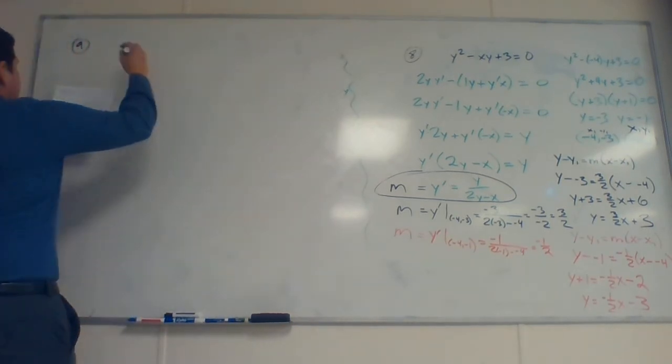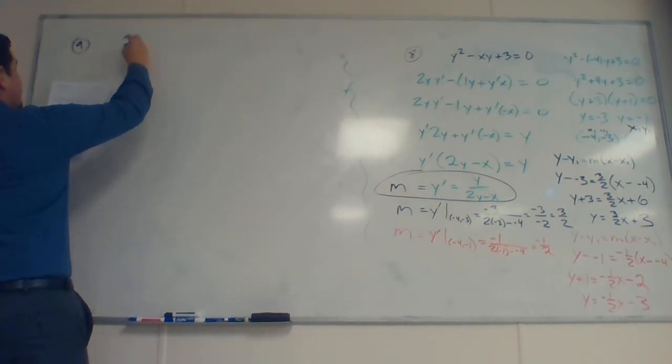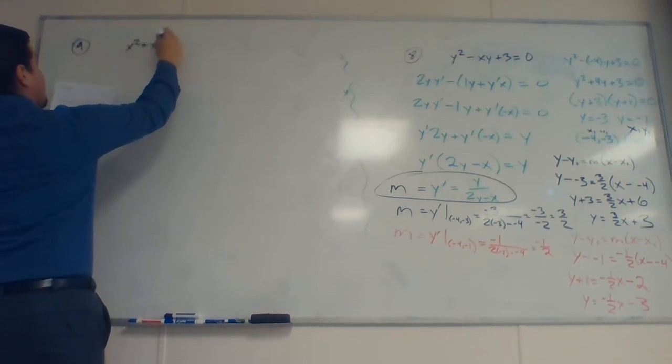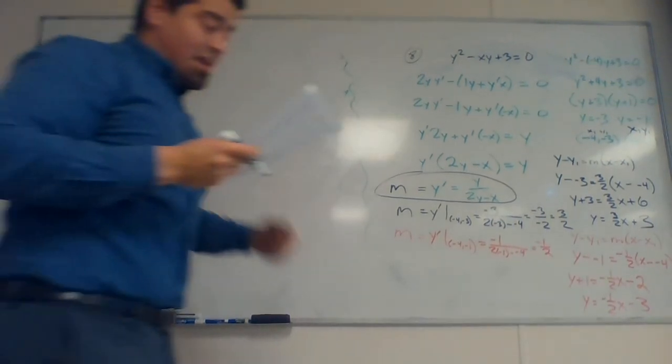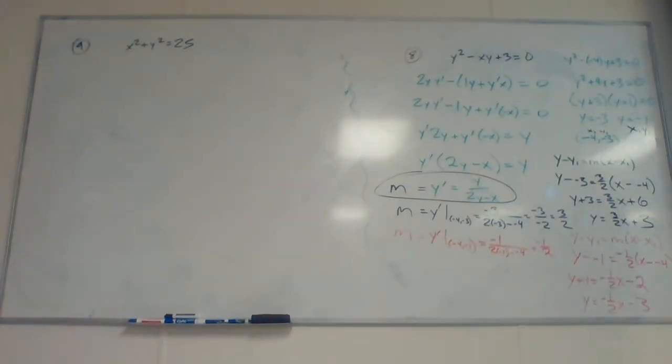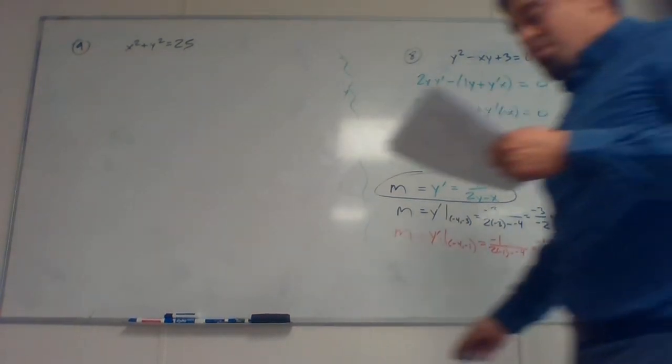Okay, so number 9, it tells you that you have the equation x squared plus y squared equals 25, and they start talking about x equals x of t, y equals y of t, and you want to find dy/dt, or when dy/dt equals 3, x equals 3, y equals 4.